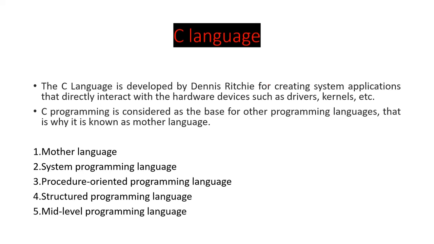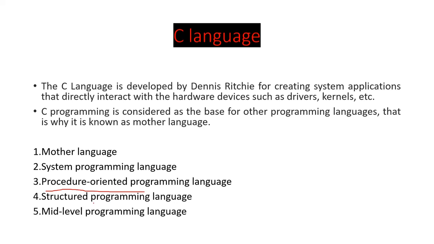C language is a programming language. It is also known as mother language, and C is also known as system programming language because it is related to system. C is also called procedure oriented programming language, whereas Java is an object oriented programming language.